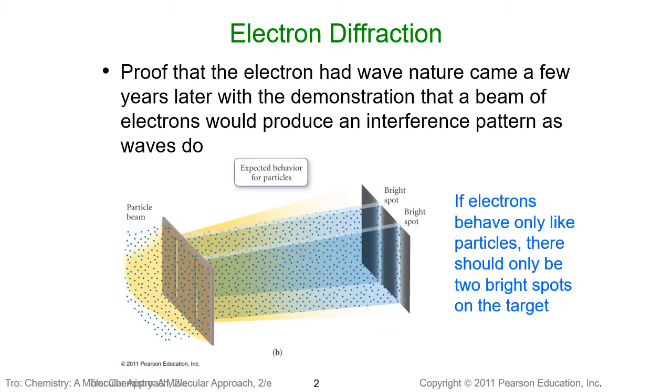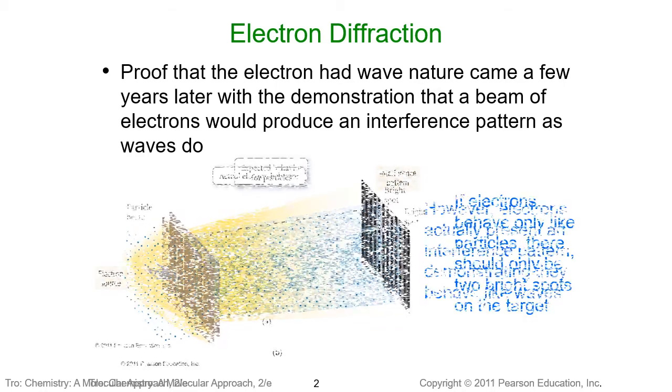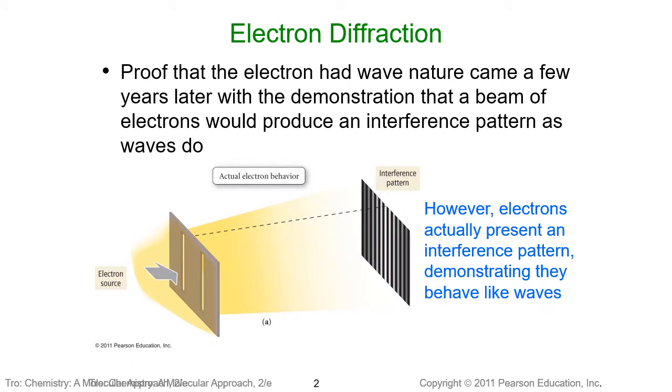If it behaved as particles, the particles would pass straight through the slits, and there would only be a detection of the electrons directly behind the slits. However, if it behaved as waves, we would see an interference pattern where we have the bright spot that falls directly between the two slits.